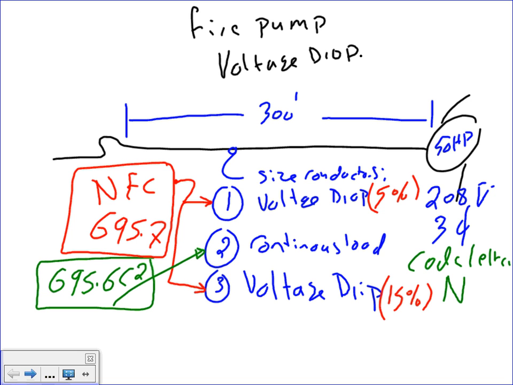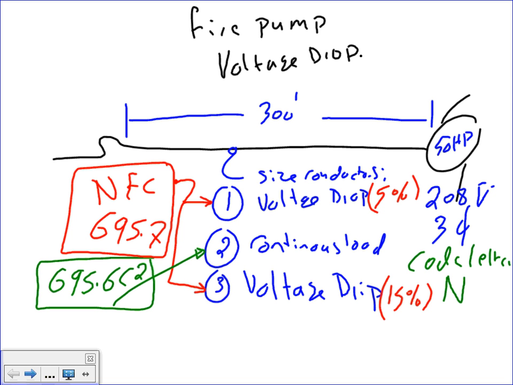Everybody knows the difference between a drop and a dip? Drop is constant: the voltage drops constantly as long as the pump works. A dip is a momentary drop in the voltage for probably 6 to 10 seconds, until the pump comes up to speed and picks up the load and runs. So you lose 5% voltage constantly as long as the equipment works.